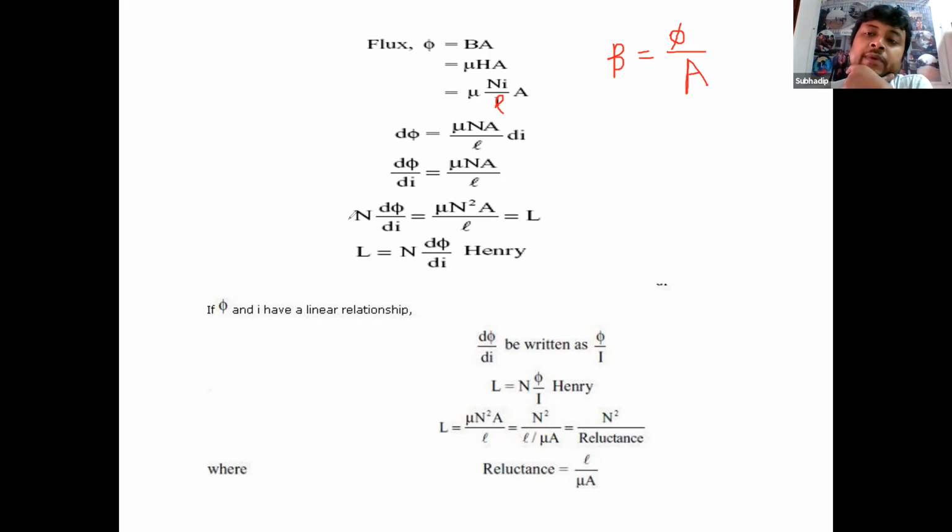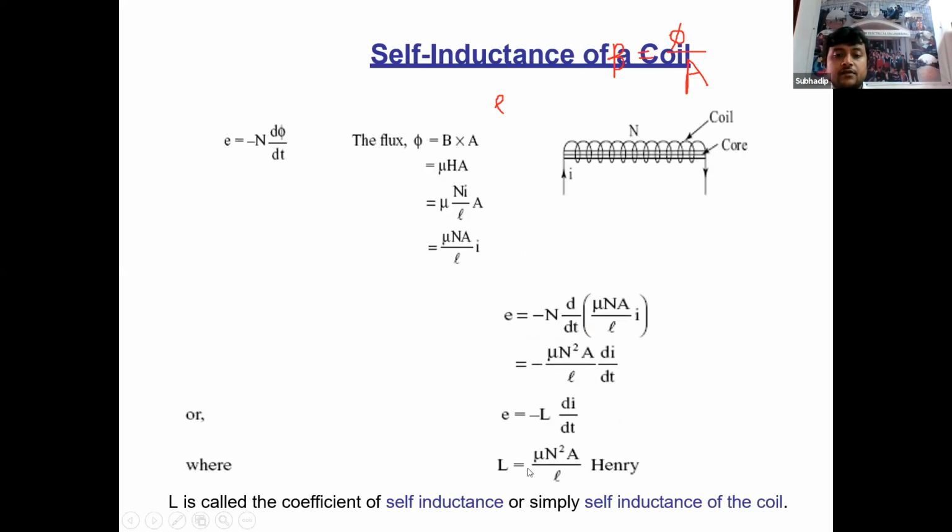Now if I multiply both sides by n, the number of turns, so n into d phi di is equal to mu n square a by l, or it is nothing but L, as we have seen from the last one. So equals minus mu n square a by l di dt, and equals minus L di dt.